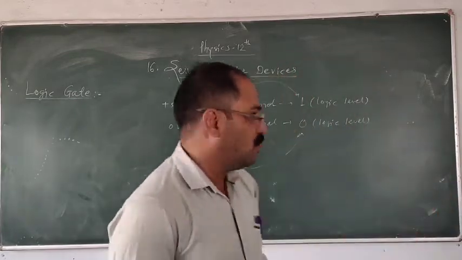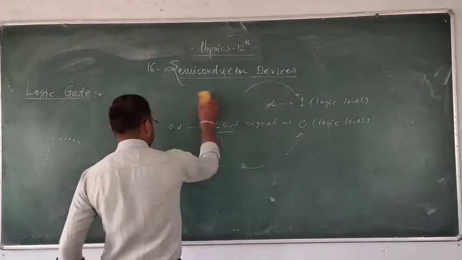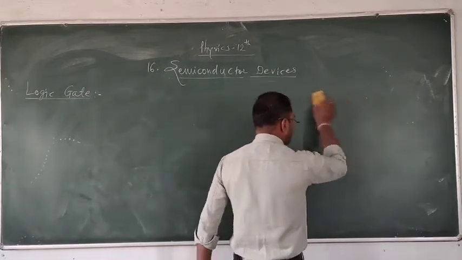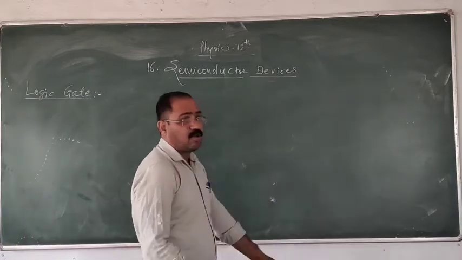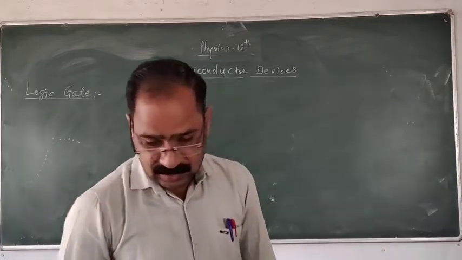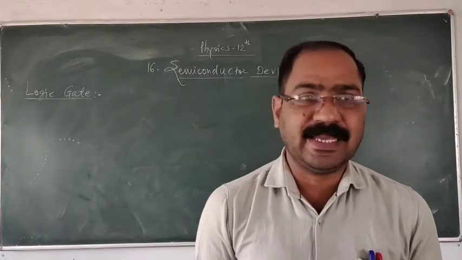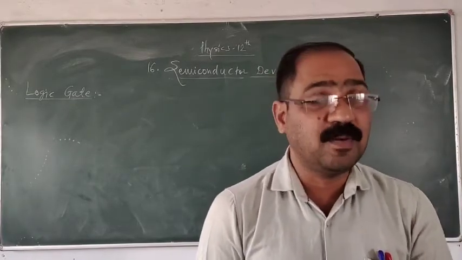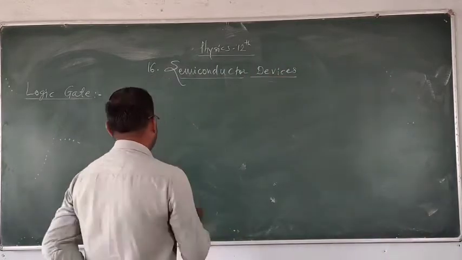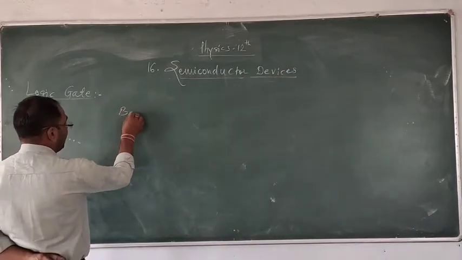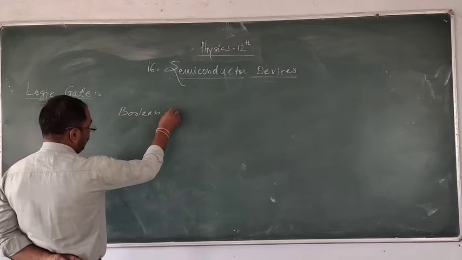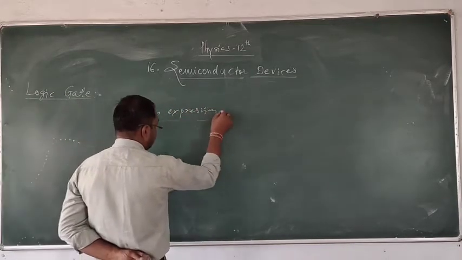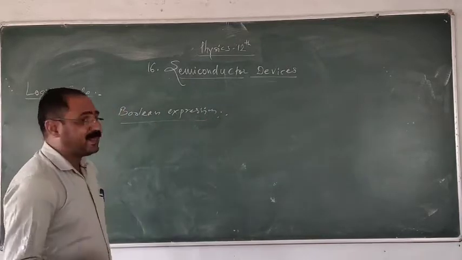Whenever we give the mathematical relationship between the input and the output signal, it is expressed in the form of a mathematical statement, and that statement is called the Boolean expression. The Boolean expression is nothing but a mathematical statement.